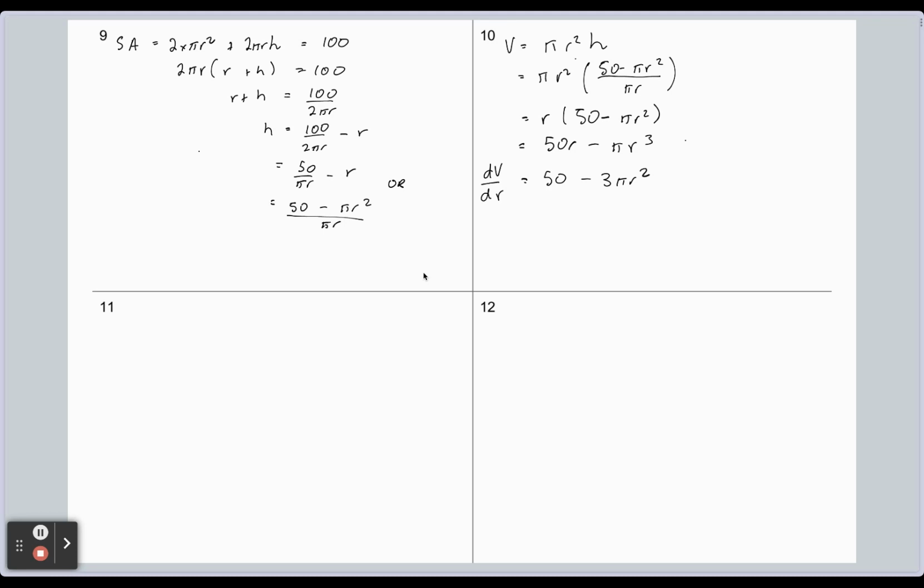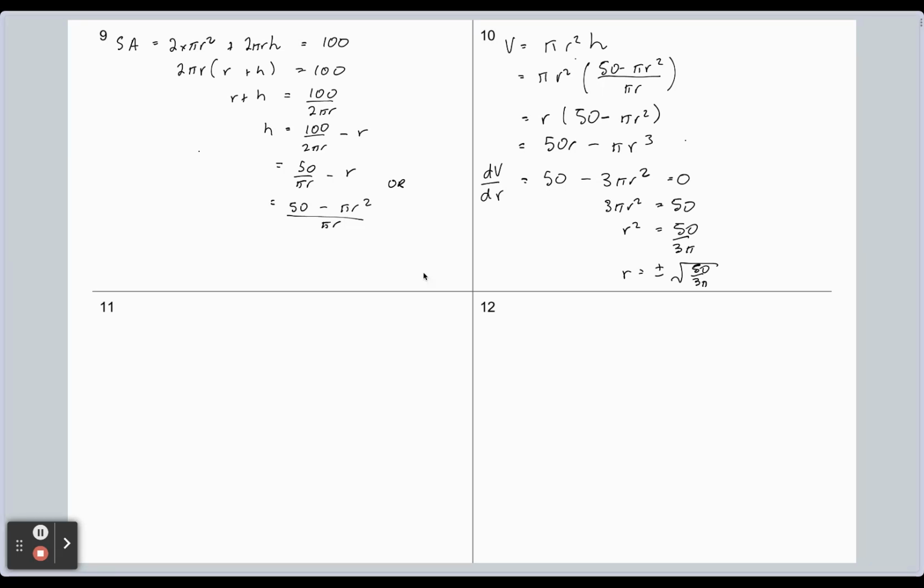And because we're looking for a stationary point, we're going to set it equal to 0 and solve. So we're going to have 3 pi r squared is equal to 50. I'm going to have r squared is equal to 50 over 3 pi. And so we've got r is equal to plus or minus the square root of 50 over 3 pi.